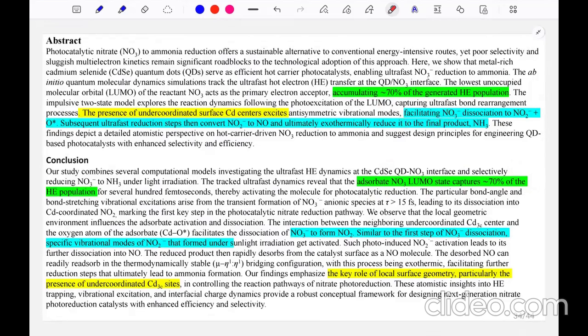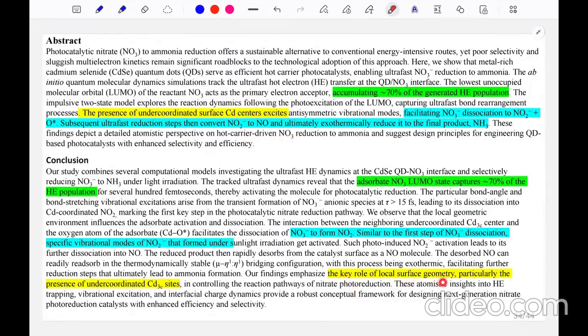Both also agree on the key reaction pathway where NO3 first dissociates into NO2 and oxygen, and then further NO2 to NO plus O. In both, you can say the presence of key local surface geometry, like the presence of under-coordinated surface cadmium centers, is very important to excite the antisymmetric vibrational stretching mode as well as the bending mode.